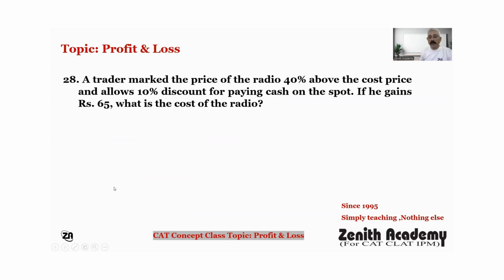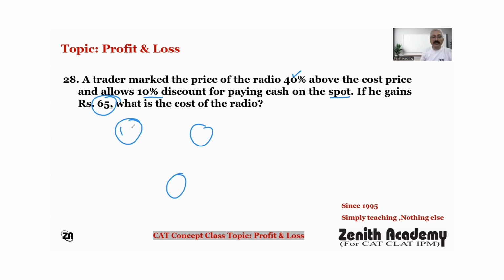Now see this question number 28, more or less the same. A trader marked the price of the radio 40% above the cost price and allowed 10% discount for paying cash on the spot. If he gains rupees 65, what is the cost of the radio? So same: cost, mark price, selling price.